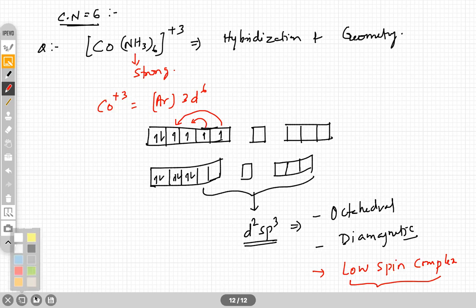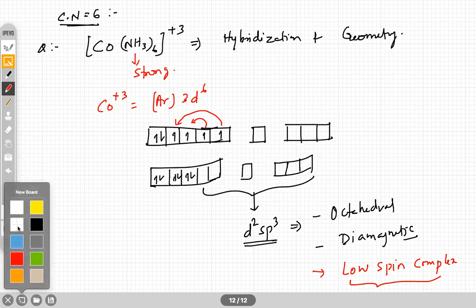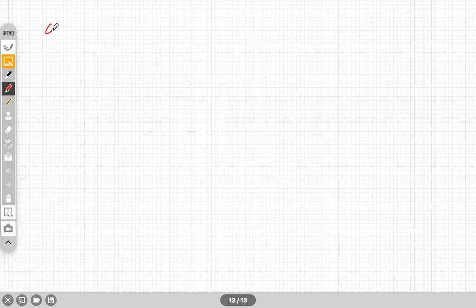For example, if you write down this complex, could you find out the hybridization and geometry here? [Ni(NH3)6]2+. First of all, you write down one note, and then you can try.